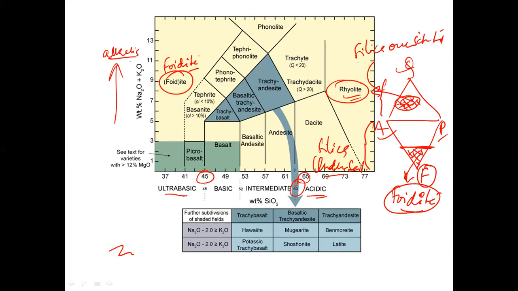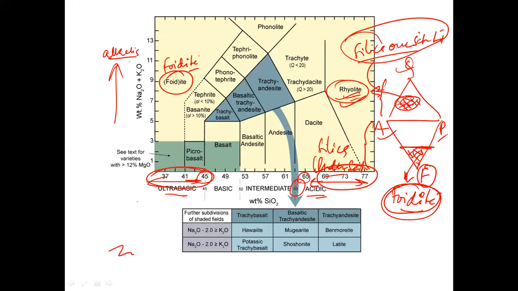That's why your rhyolite is a silica oversaturated rock. That's why you can see here a very large amount of silica, and your foidite is basically silica undersaturated. So that's why you can see this is located where your silica amount is very less. Okay, foidite, right?